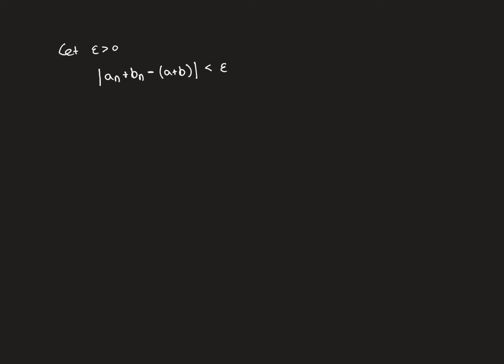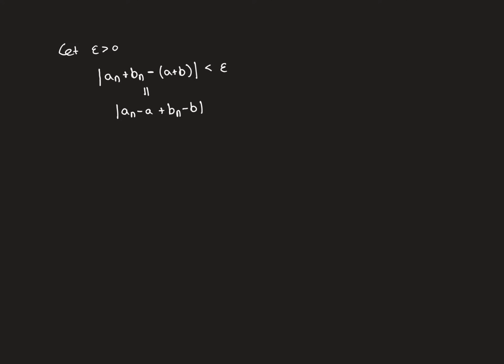The way we're going to actually proceed is to apply the triangle inequality. The triangle inequality is a wonderful thing that we use all the time in problems like this. So we're going to slightly rewrite this. We'll rewrite this modulus initially as an minus a plus bn minus b.